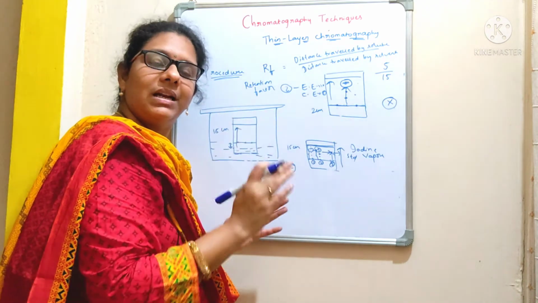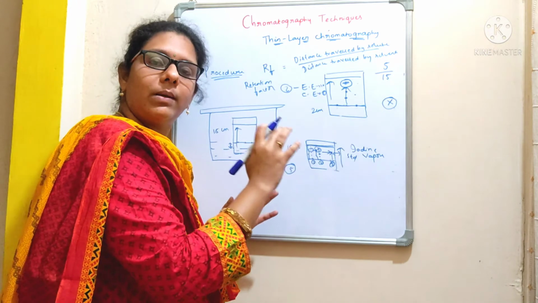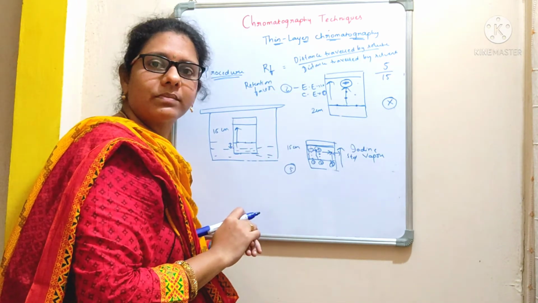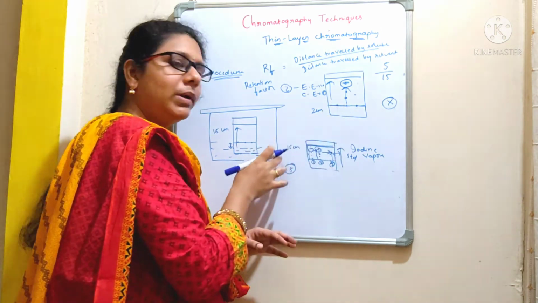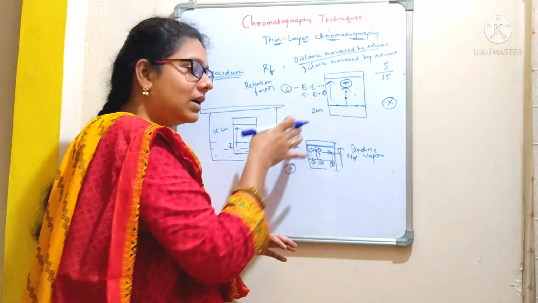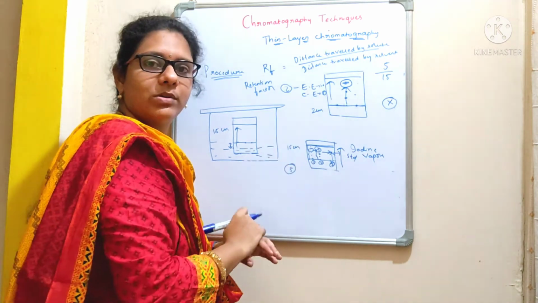And if you are particularly interested in isolating a terpenoid, then you have to prepare a mobile phase that suits the isolation of a terpenoid. Then once you prepare the mobile phase and place this sheet in a TLC chamber containing the mobile phase, you carry out the procedure.